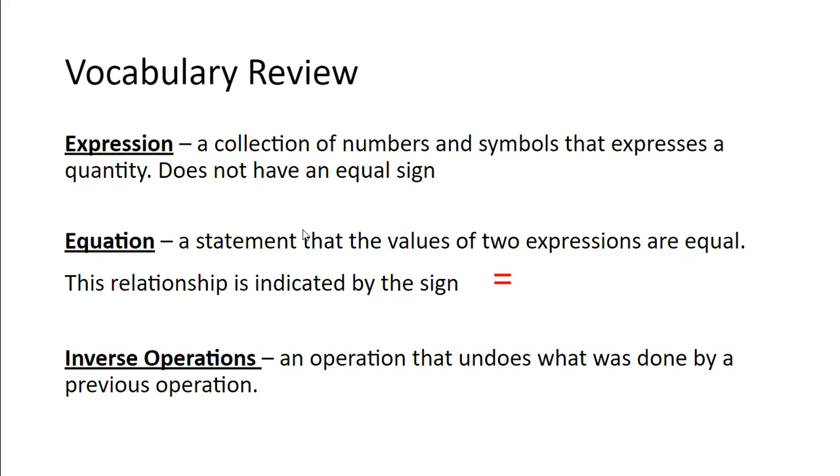But the difference between that and an equation is that an equation is two statements that are claiming that they're equal to each other, which is not the same as an expression. So you could think of an expression as one half of an equation. And the way that we solve these equations is we use inverse operations, which is this last bit, in order to undo the operations that are being done to the equations.